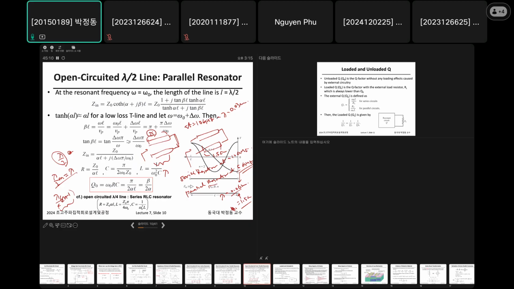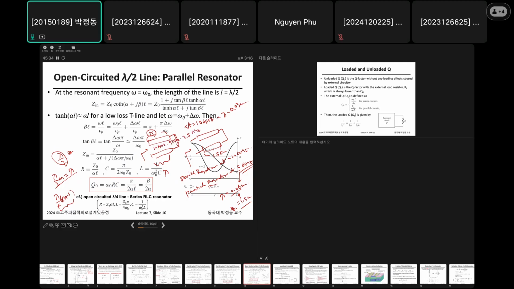For example, this is operating at 10 gigahertz, right? Half of that is 5 gigahertz. This must also resonate. But at 2.5 gigahertz, this looks like a parallel resonant network.